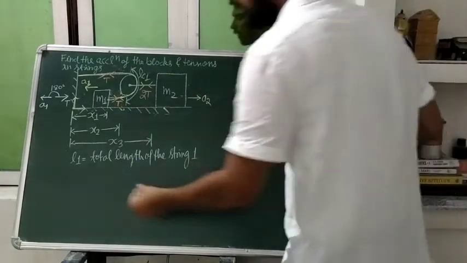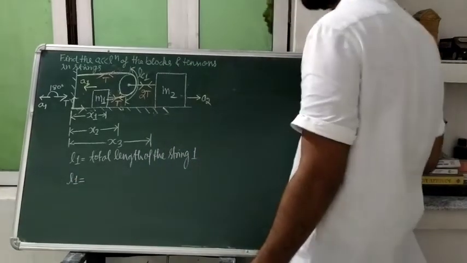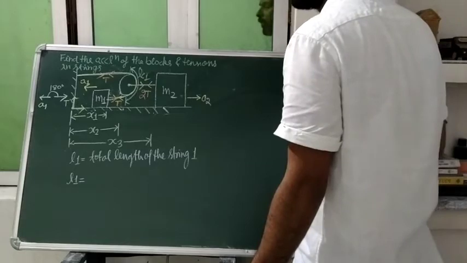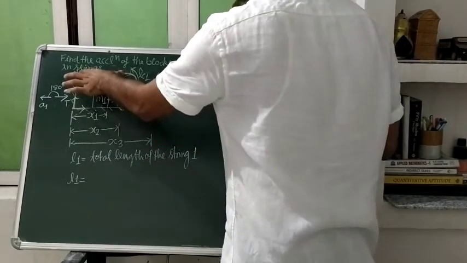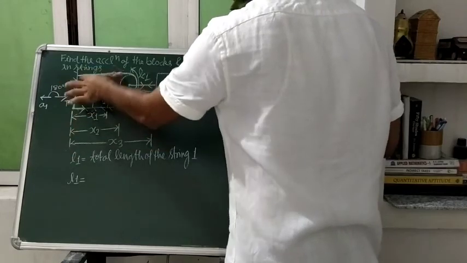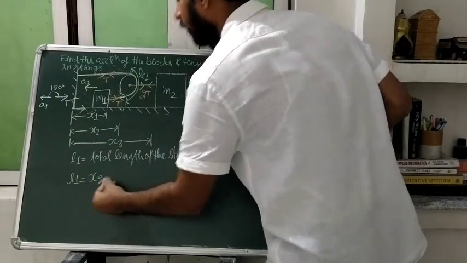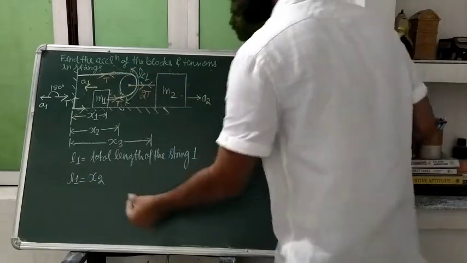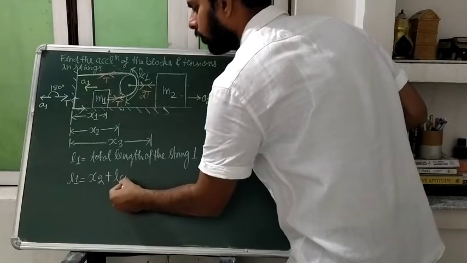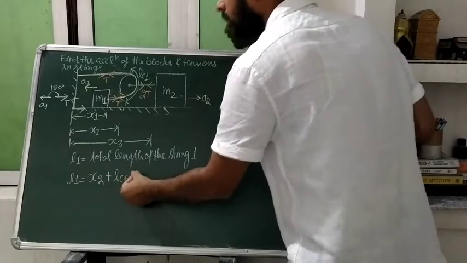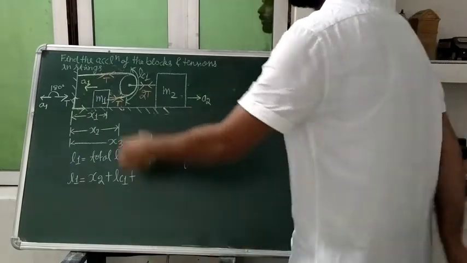So this L1, how can you write it, students? This distance is x2. So this x2 plus this LC1 plus this length.